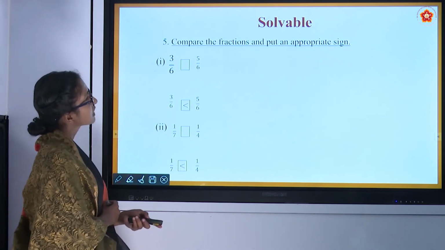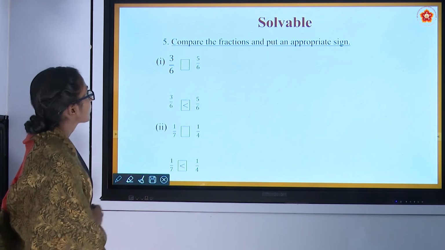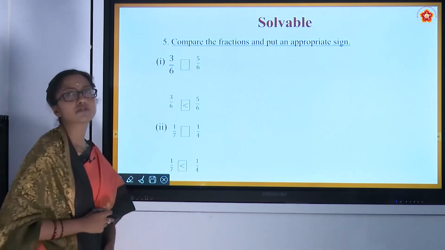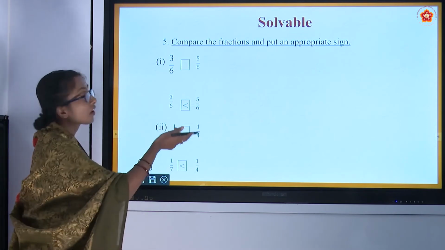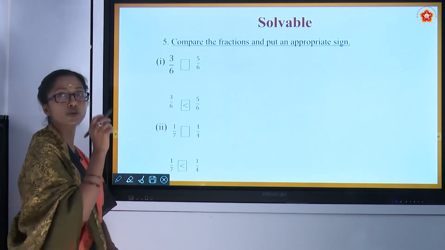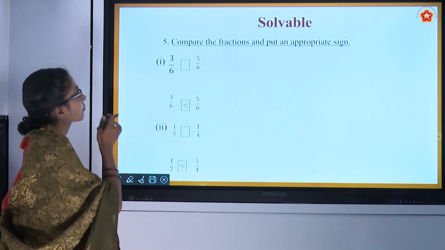Compare the fractions and put an appropriate sign. When we compare 3 by 6 and 5 by 6, we'll see which is bigger or lesser. We are going to put the greater than or less than symbol.